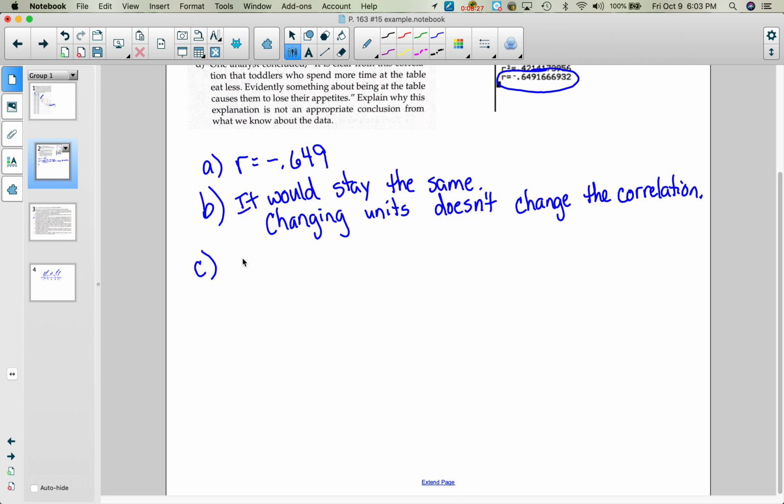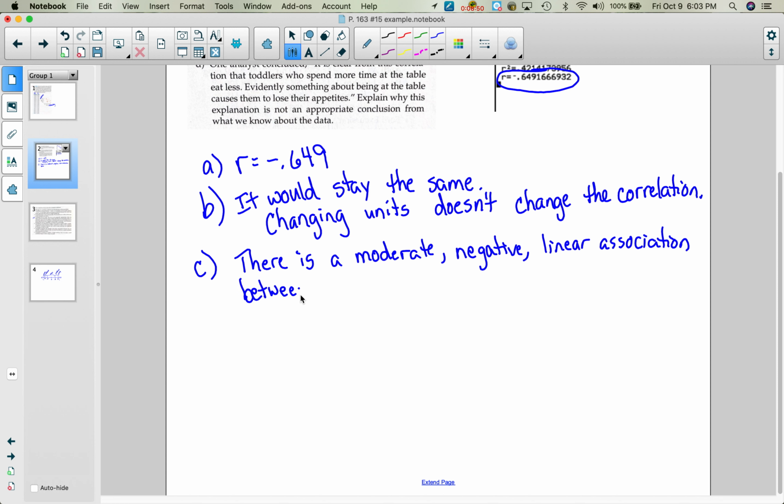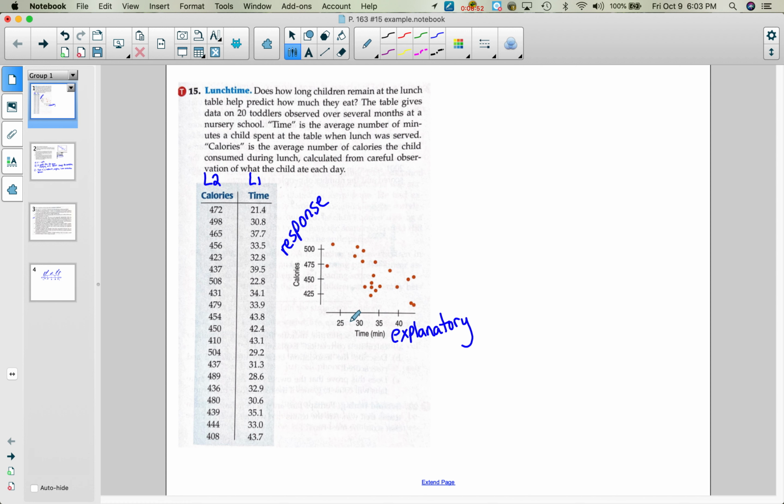We can say something like this: there is a moderate negative linear association between, remember we have to put our context in there, so let's look back at what this was, between the time children spend at the table and the calories they consume.